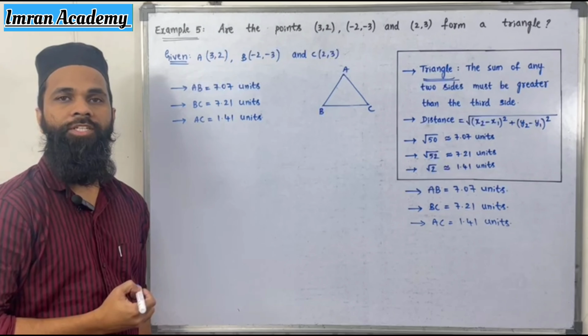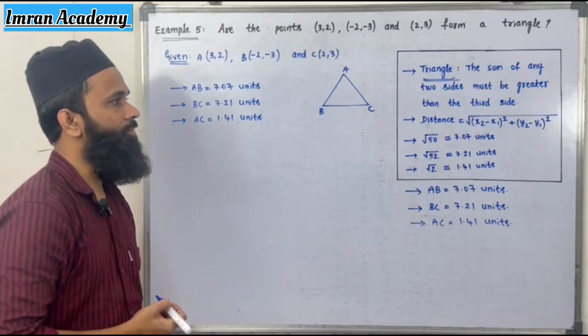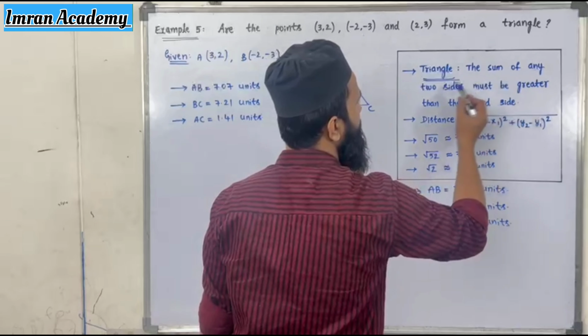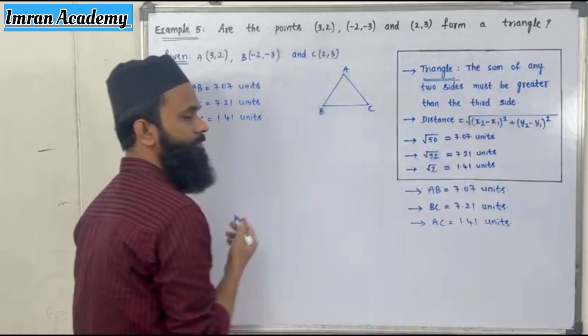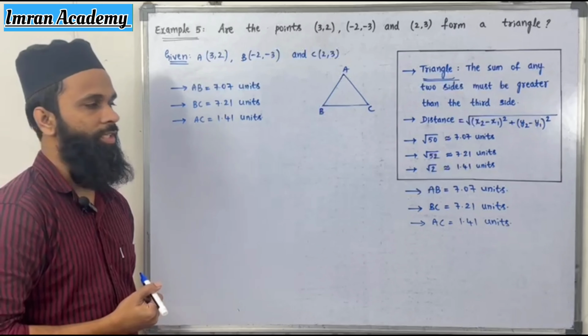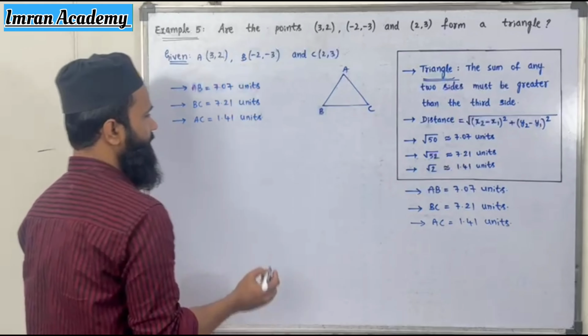We know the condition for triangle is the sum of any two sides must be greater than the third side. Here we add BC plus AC.